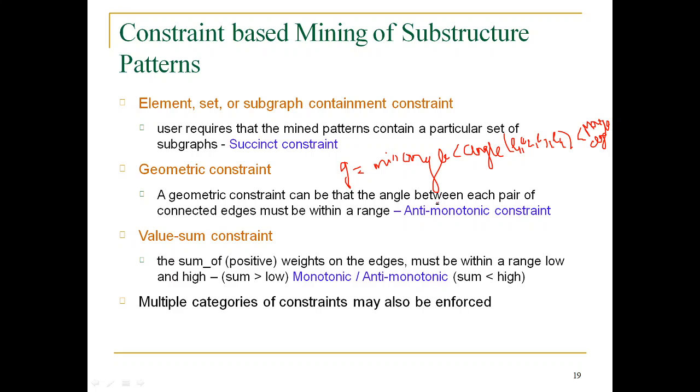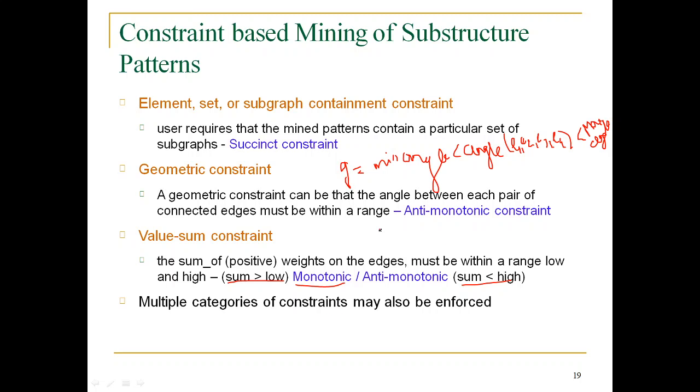constraint. And if the constraints are in this fashion, sum is greater than low or sum is less than the high value, on the weights of the edges, that is, whatever values are there, if those constraints are satisfied, then we can say those are monotonic constraints.